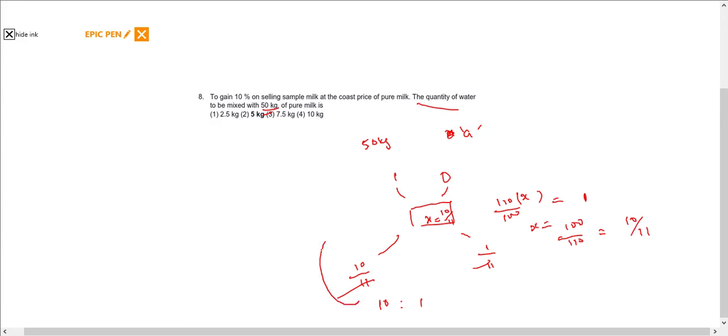Okay, I now know the ratio in which I'm going to mix, which is nothing but 10:1. So if 10 parts is 50 kg, 1 part is 5 kg, right? So I'm going to mix 5 kg of water with 50 kg of milk. So this is my answer, 5 kg.